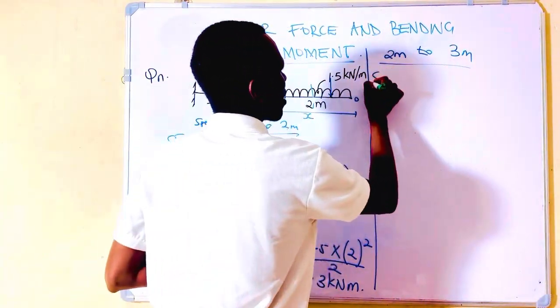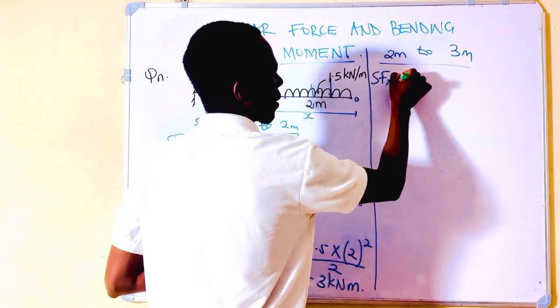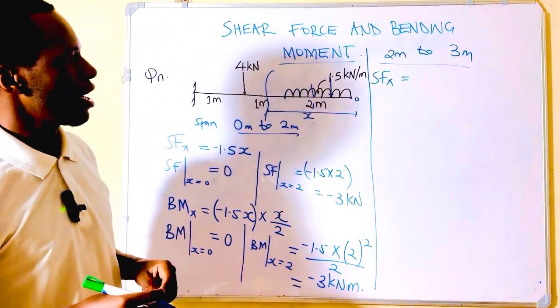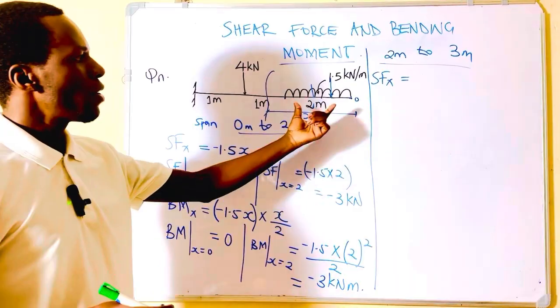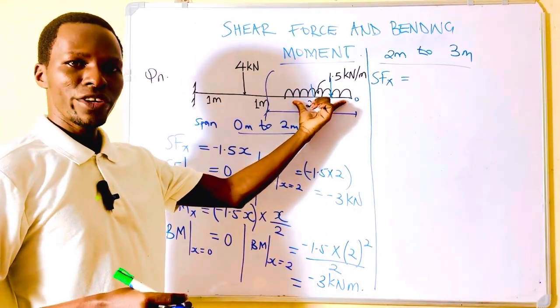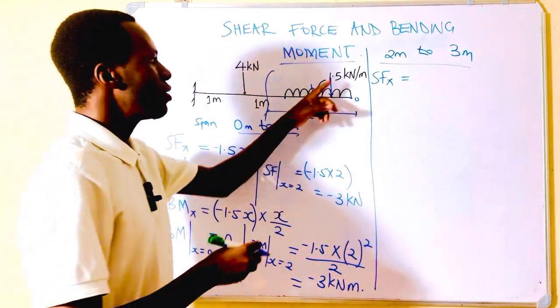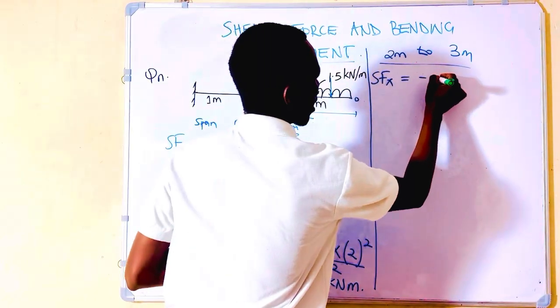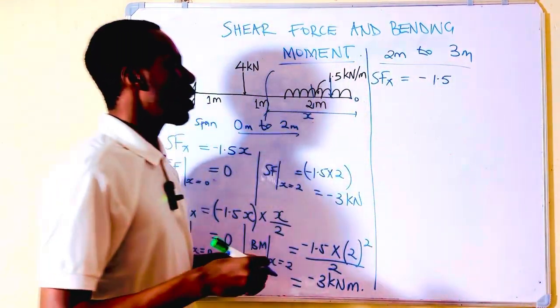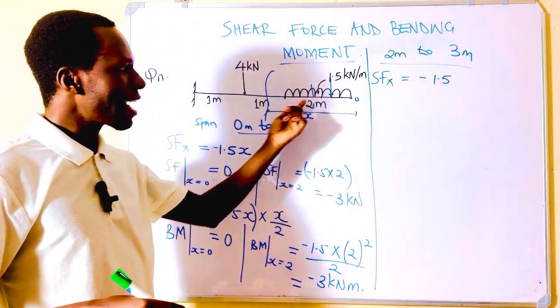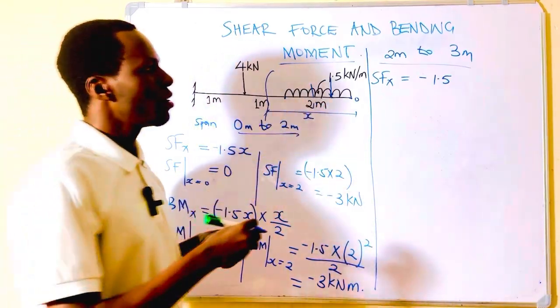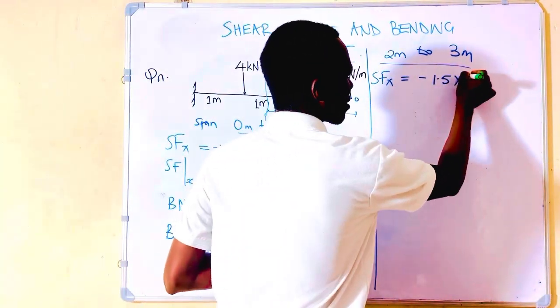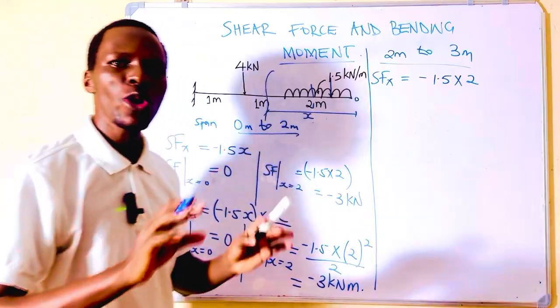Now, which force do we have there? The force we have will be our shear force. Let's say SF. I need to find it. But now, since I have only a UDL force, that side, UDL is minus 1.5. Now, UDL is covering the entire span, which is 2. Not to waste time, just multiply this by 2. There is no other force.